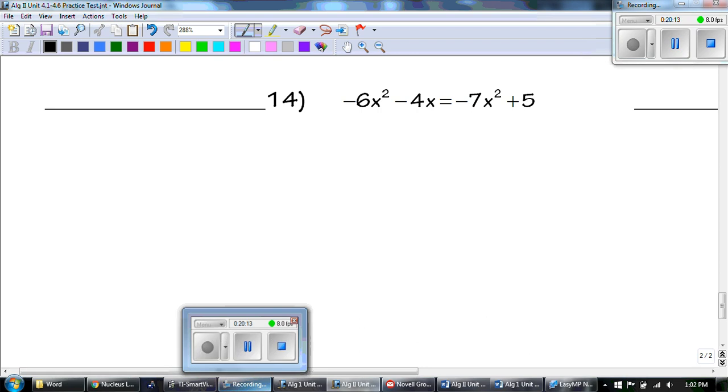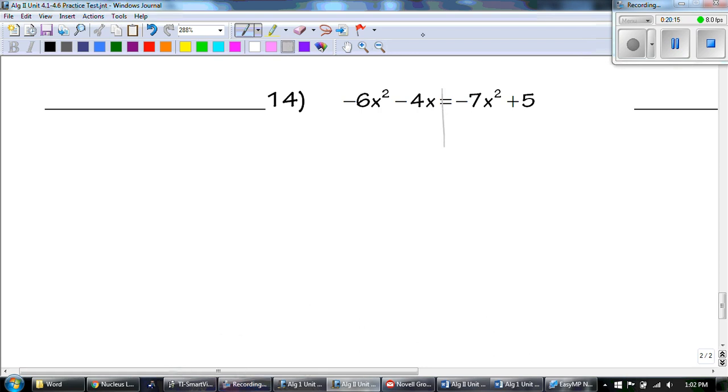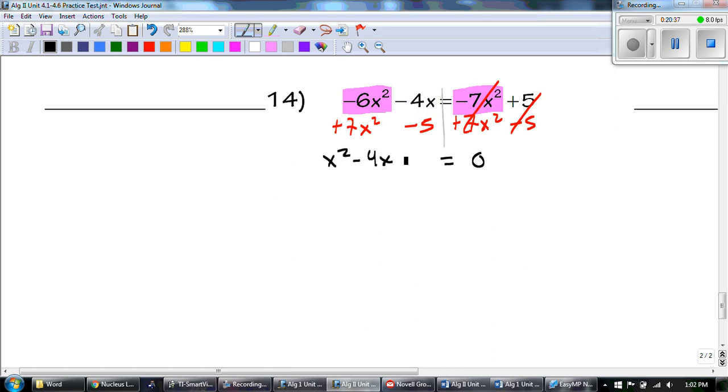All right, number 14. I've got these guys on both sides, so I have to move the smaller one. We get x squared minus 4x minus 5.